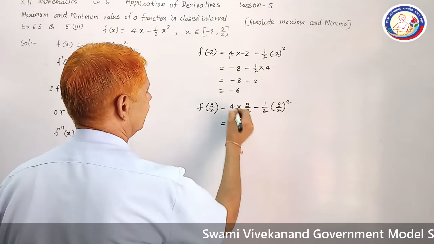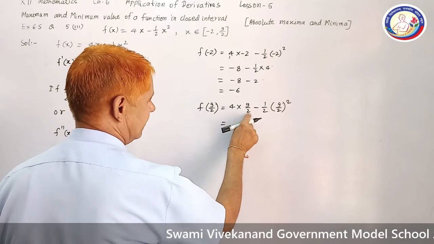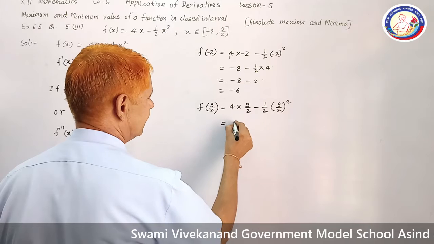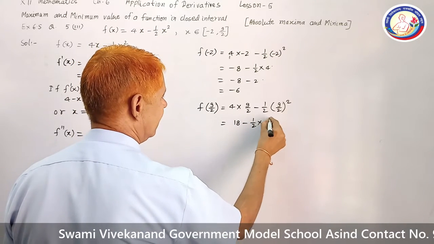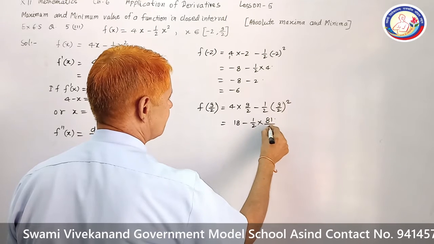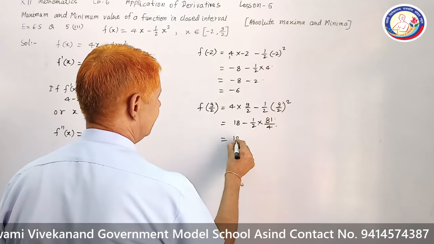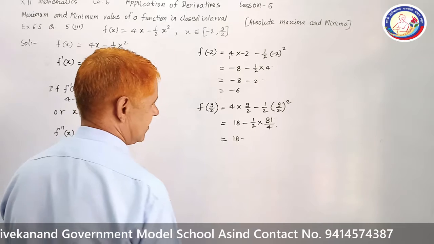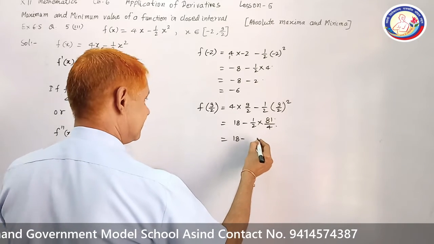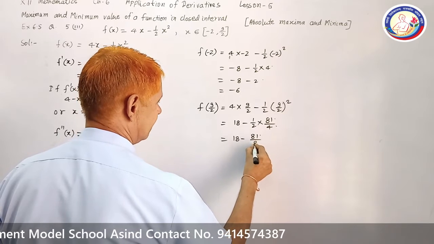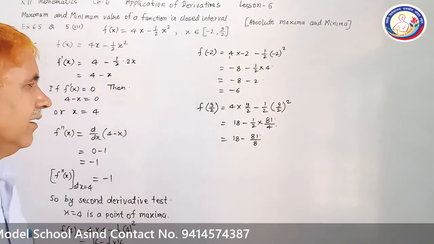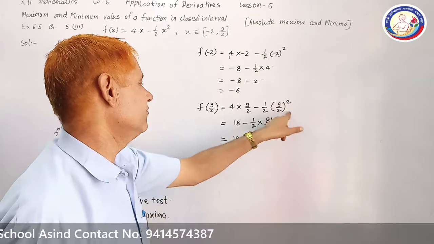This is 9 into 2, that is 18, minus 1 upon 2 into 81 upon 4, that is 18 minus 81 by 8. 9 9 is 81 and 2 2 is 4.